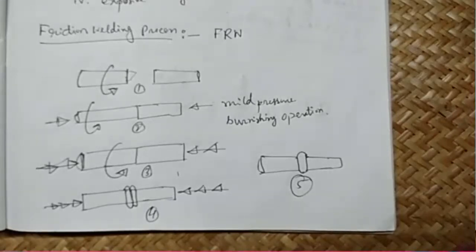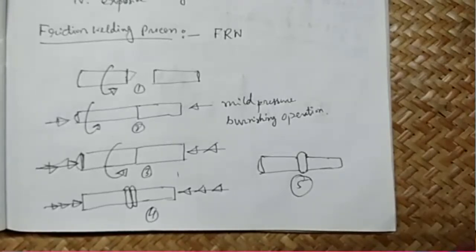Now, inertia welding is a modified form of friction welding, where the moving piece is attached to a rotating flywheel. The flywheel is brought to a specified rotational speed and then separated from the driving motor. So when we get sufficient speed, we separate the flywheel from the driving motor, and the flywheel automatically stops.